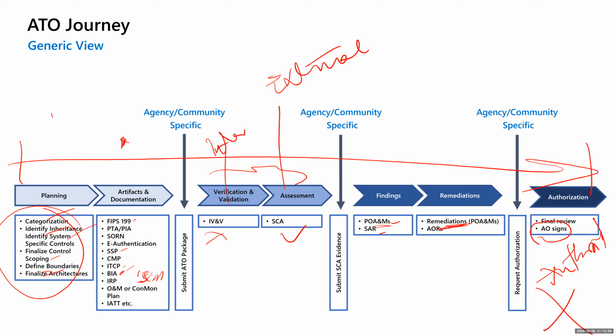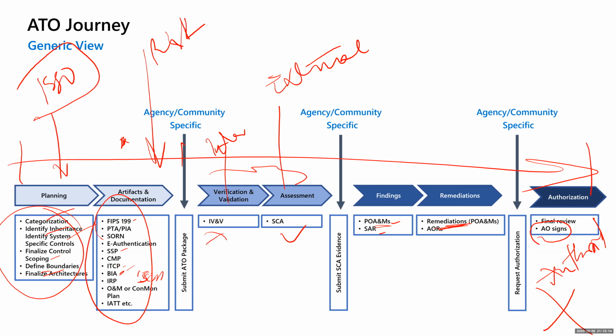You are going to be like the ISSO at this level where you're doing the planning. You're also going to be the person who suffers the most, building all of this documentation. That's the risk professional; 95% of the time we call consultants to do that. You are going to build an ATO package, and you're also going to wear, again, the hat of an ISSO to see if the ATO package is good to go.